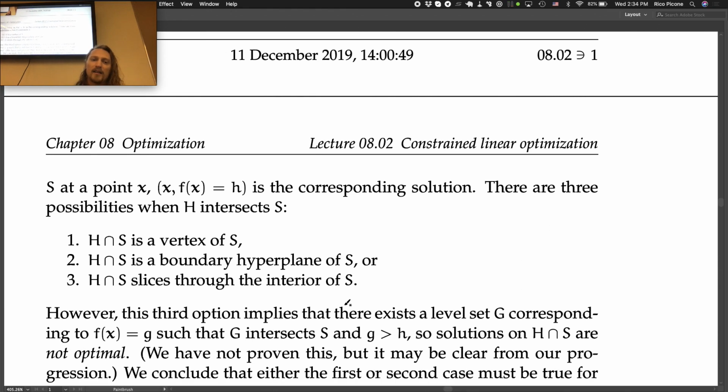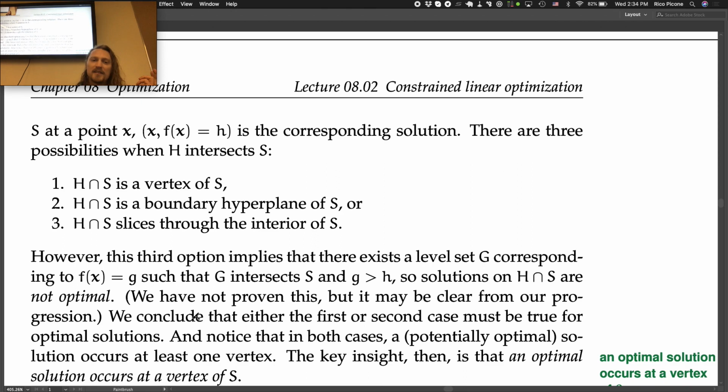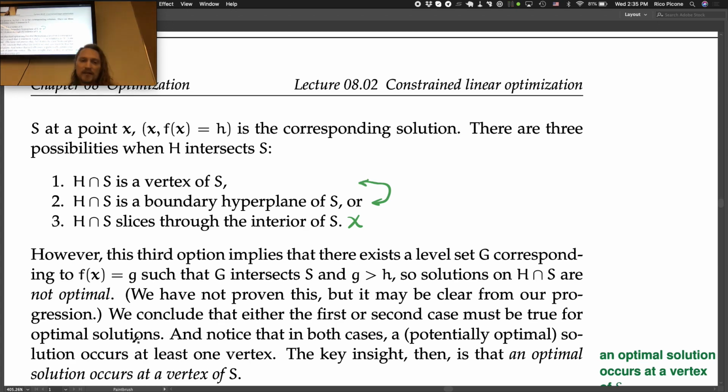So what this means, we conclude that either the first or second case must be true for optimal solutions. So that's important. If we're going to have an optimal solution, this can't be the case. And notice that in both of these cases, a potentially optimal solution occurs at at least one vertex.